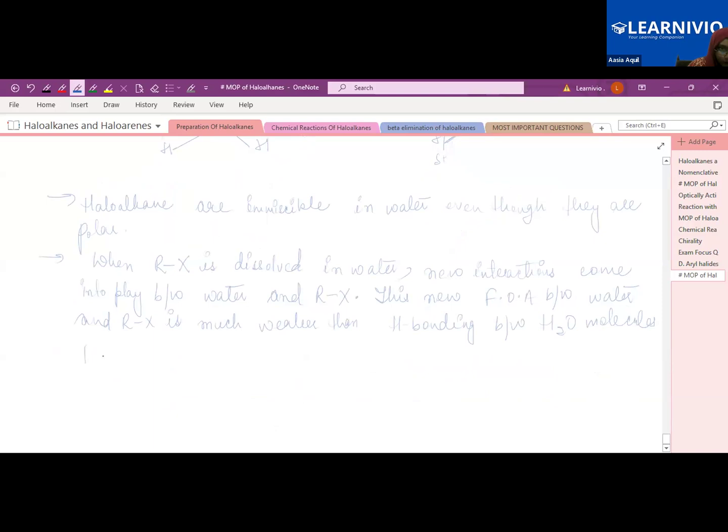Hence, RX is immiscible in water. Okay, but haloalkanes are miscible in organic solvents. In organic solvents they are miscible, they are soluble.